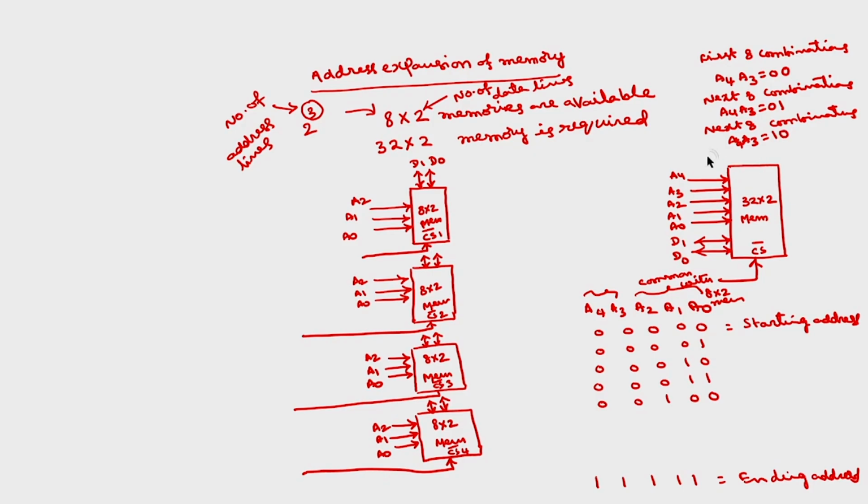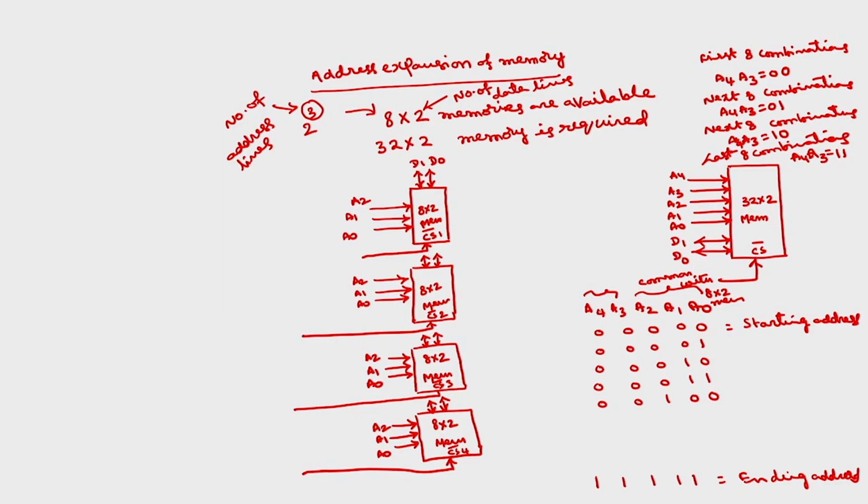In the last 8 combinations, A4, A3 is equal to 11. So, I want to store the first 8 locations in the first 8 by 2 memory, the next 8 locations in the next memory, and so on up to the last memory.